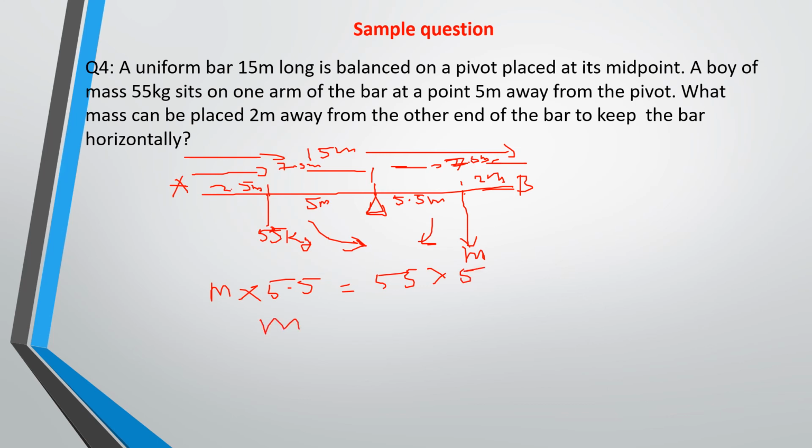M is what you are looking for, so M equals 55 times 5 divided by 5.5. When you work that out, your answer is 50 kg. So in equations of moments, the area of concern is for you to interpret the drawing properly. Once you're able to interpret the drawing, your answer will come out readily.